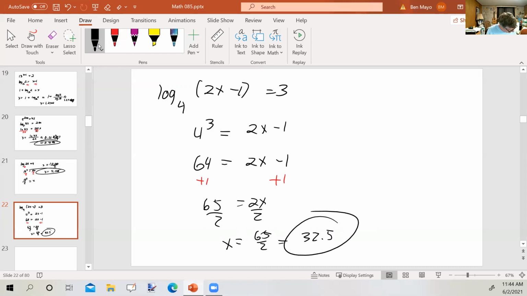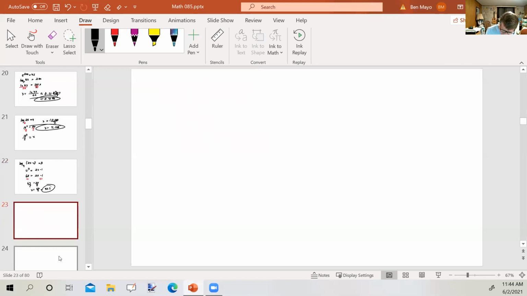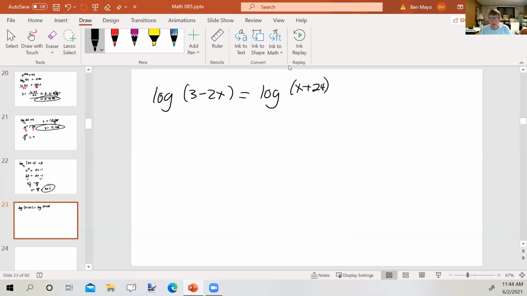And let's see here. Now, what if we've got this situation? Log of 3 minus 2x equals log of x plus 24. Again, just like if we have a base to a power equals the same base to another power, if we have log with a base of something with log of the same base as something else, we can take the quantities that the logs are being taken of.